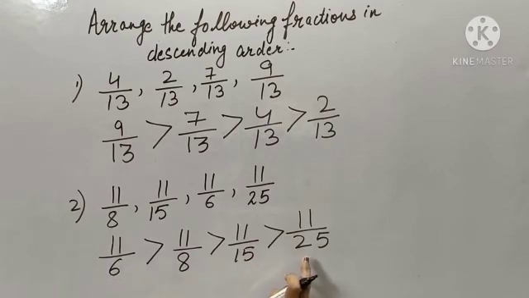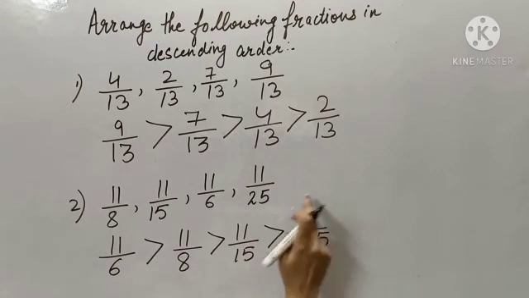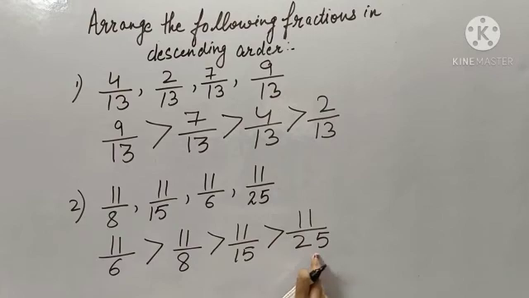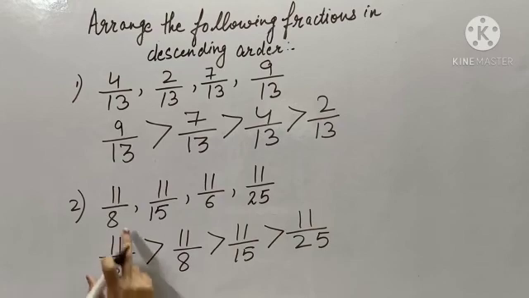And because this fraction is having the greatest denominator, so 11 upon 25 represents the smallest fraction. Why? Because this is having greatest denominator and 11 upon 6 is having the smallest denominator. So 11 upon 6 represents the greatest fraction.